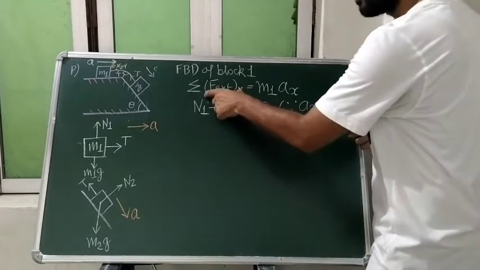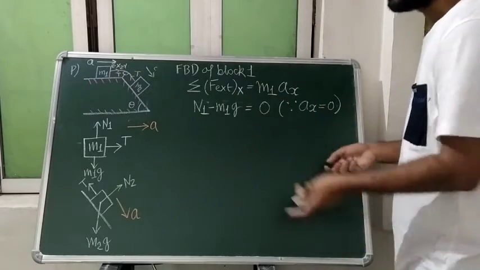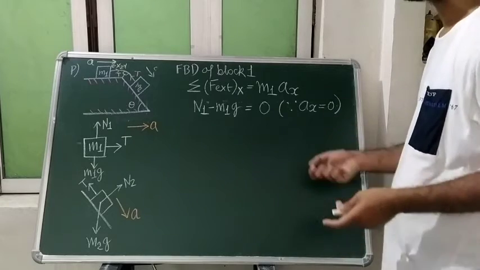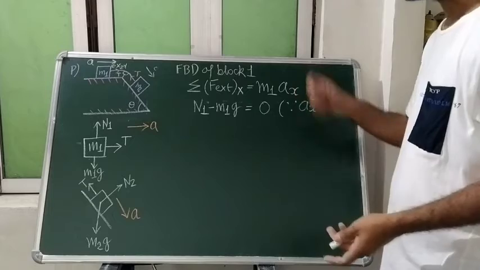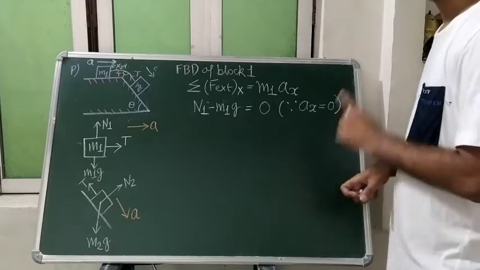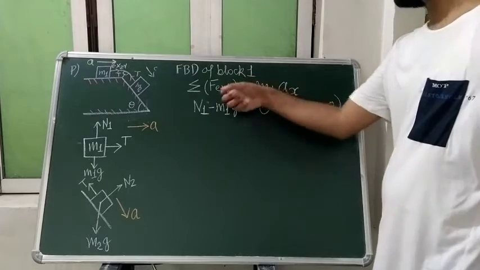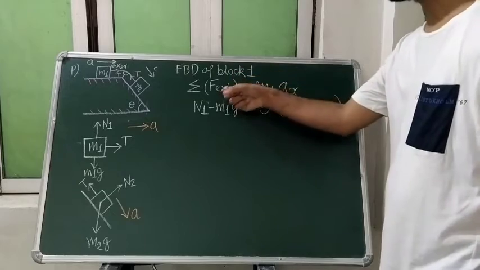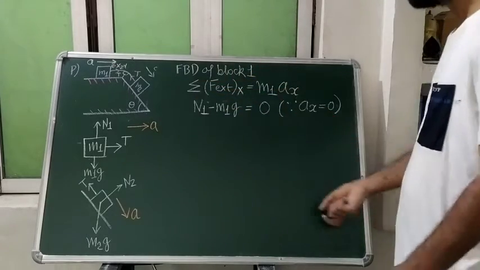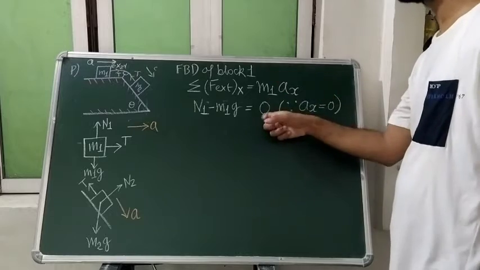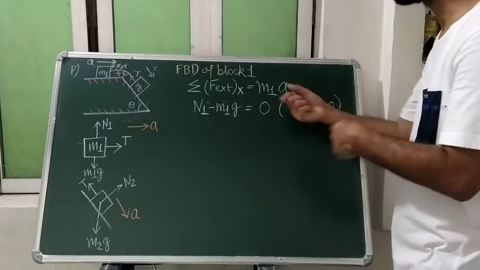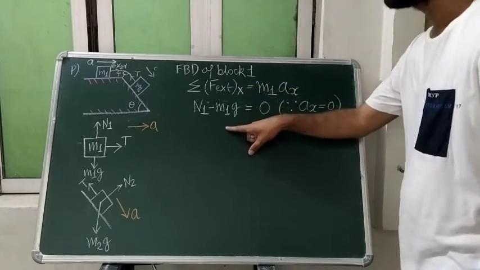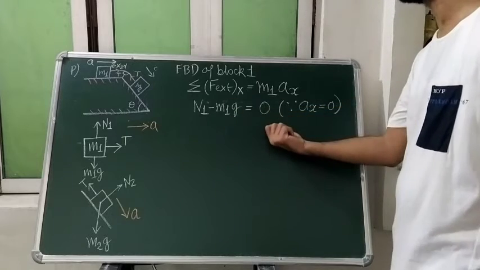The first law says a body will continue in the same state until an unbalanced external force is applied on it. Since no acceleration is present, the external force acting on mass m1 in this direction equals 0.